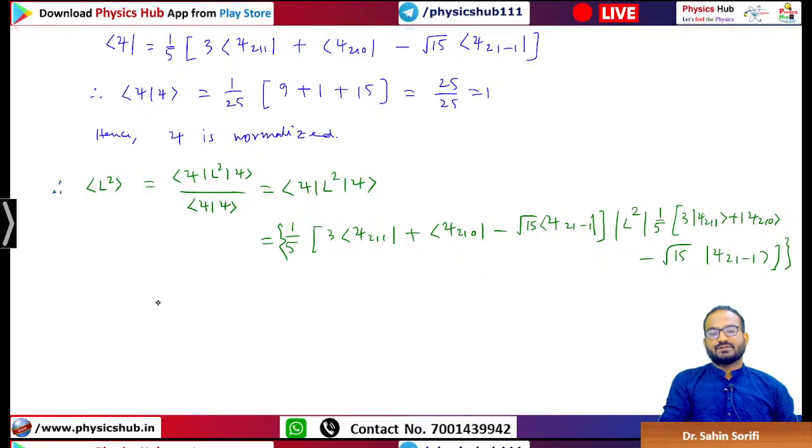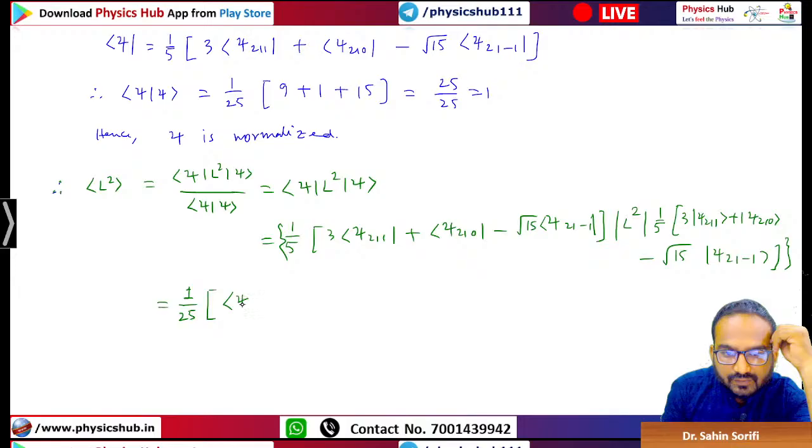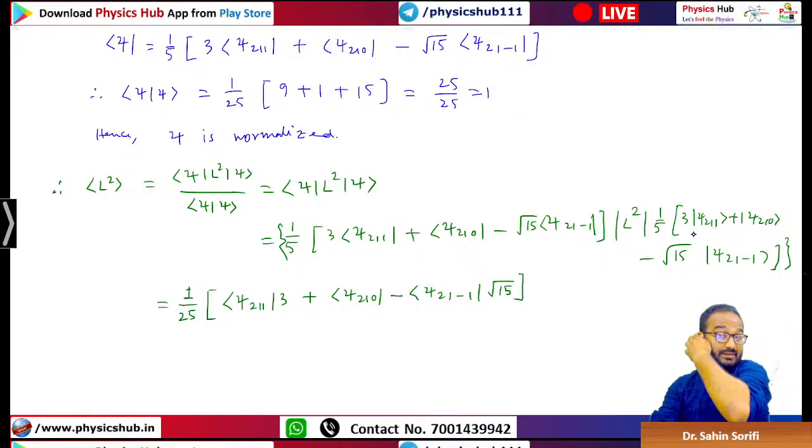So as you can see, this is 1 upon 25, 5 into 5. Look, if it is bra, then 3 can be written here on the opposite side. Psi 2 1 1, 3, psi 2 1 0, psi 2 1 minus 1, root over 15. Now L square operating on this first term, what will it give you?